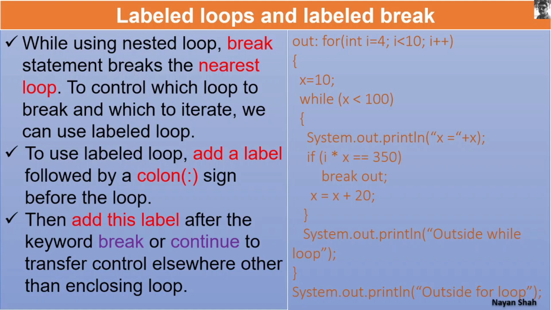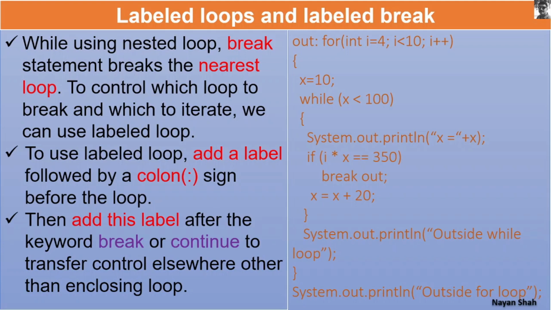Loop 1 will continue, and because loop 2 is written within loop 1, loop 2 also will continue. It will not break. So what to do when you want to break multiple loops? Here is the solution: writing a labeled loop and labeled break.